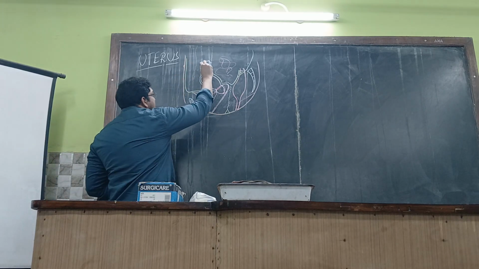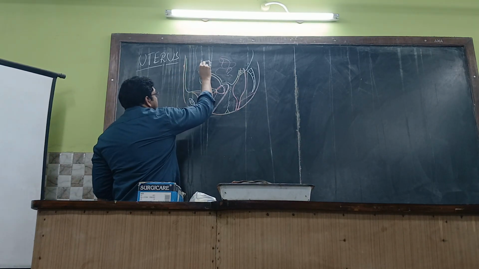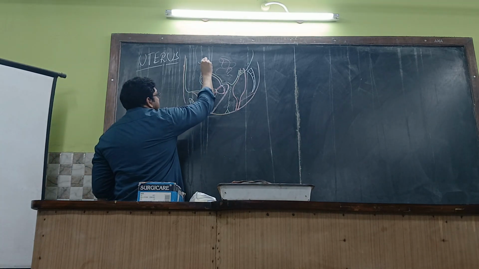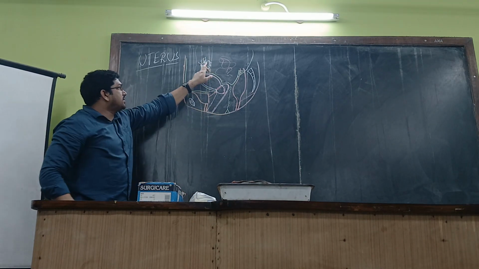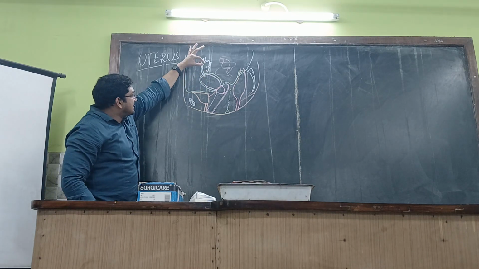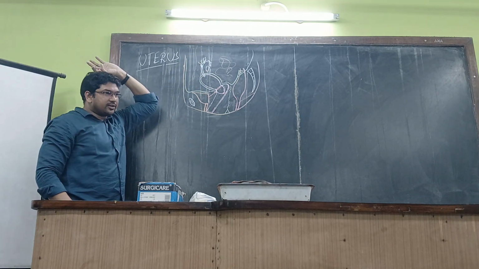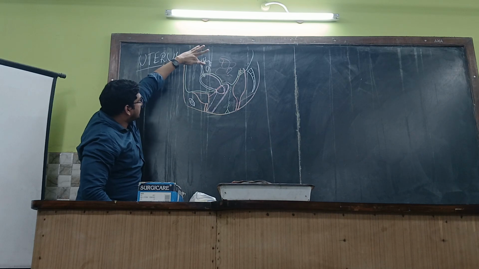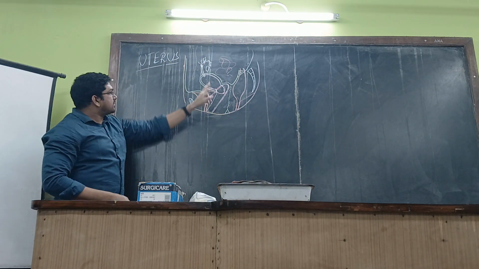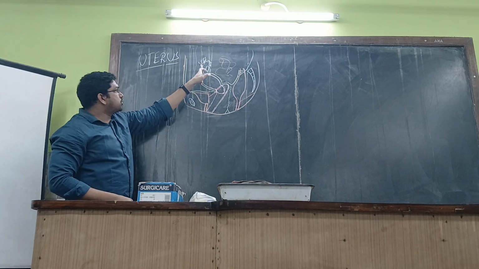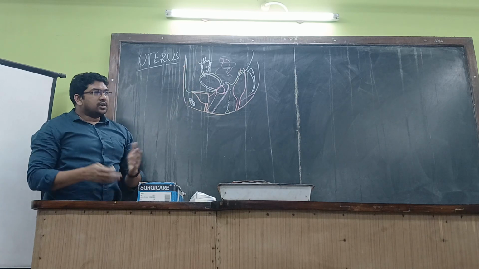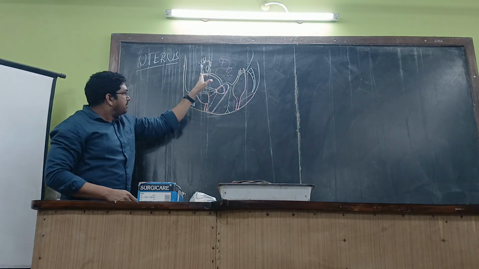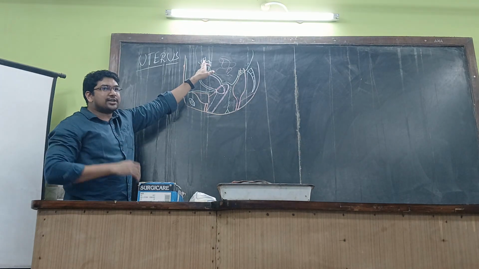There will be ligation of the fallopian tube at 2 parts, and this segment will be separated. Get it or not? So there is no contact between this part of the uterine tube and this part. So sperm can't reach the ovum, or the ovum can't pass beyond this gap.